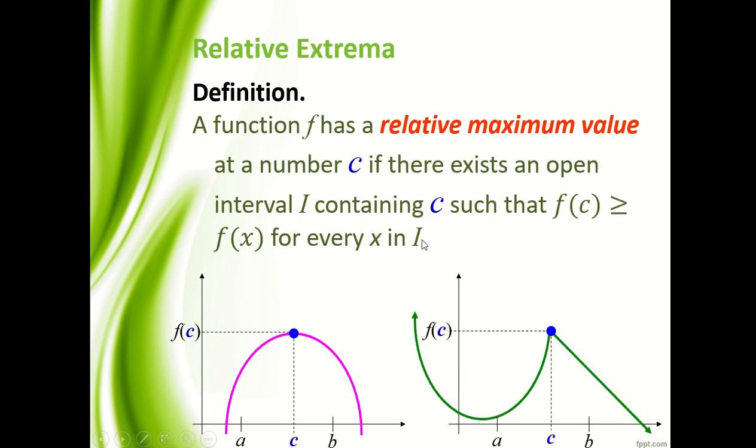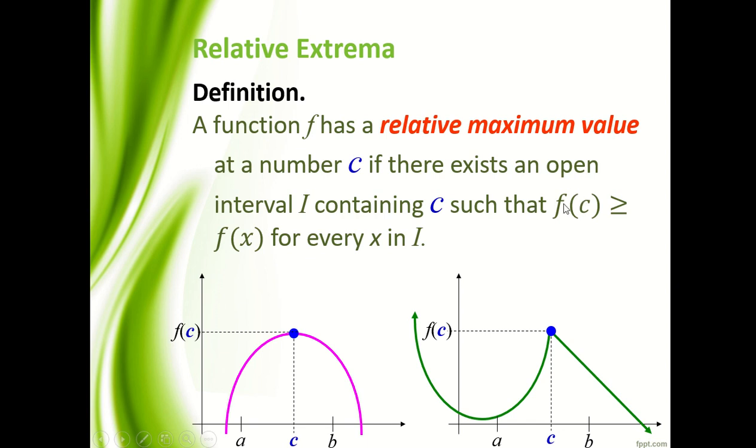If you look at the previous definition for the maximum, the condition is that there exists an open interval I containing c such that f of c is greater than or equal to f of x.